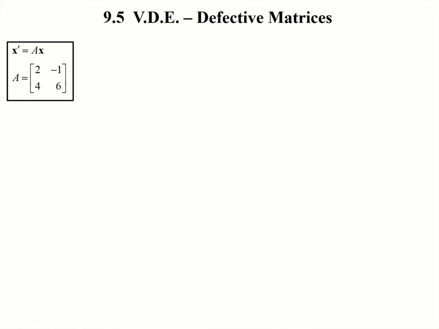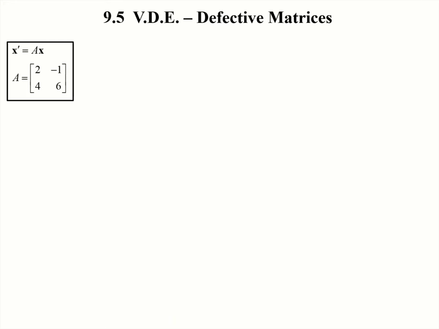So we have vector x prime equals A times vector x, and there's the matrix there, 2, -1, 4, 6, and we are trying to solve this system of differential equations, or this vector differential equation.